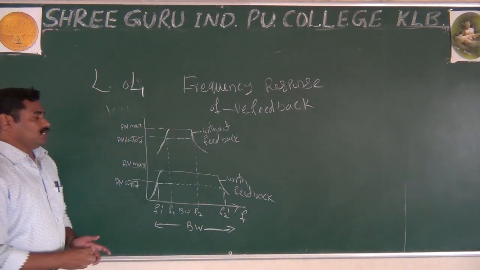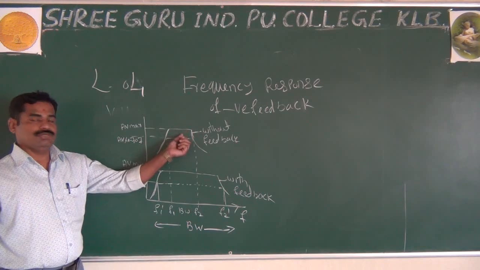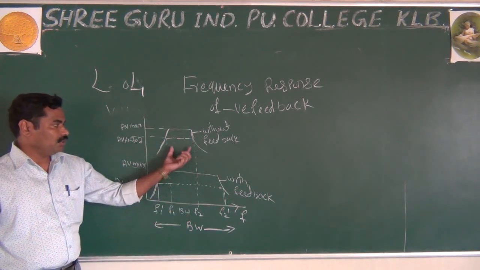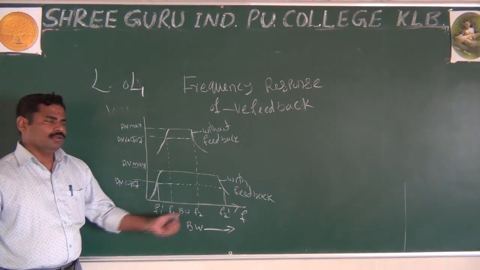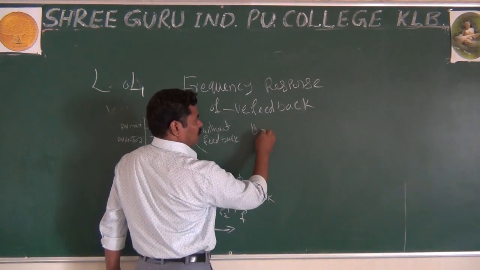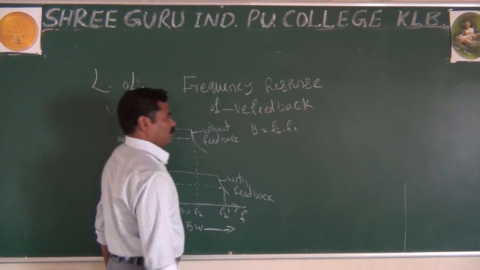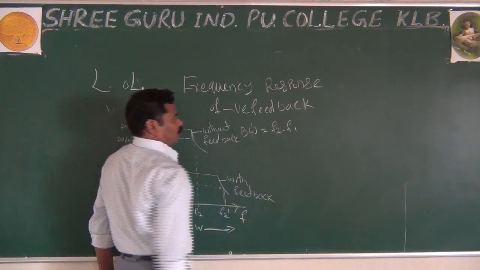It means that without feedback, the bandwidth is very small, because we have a very narrow bandwidth, and if you use feedback, we have a much larger bandwidth. The bandwidth is nothing but the higher cutoff frequency F2 minus the lower cutoff frequency F1, that is the bandwidth without feedback.